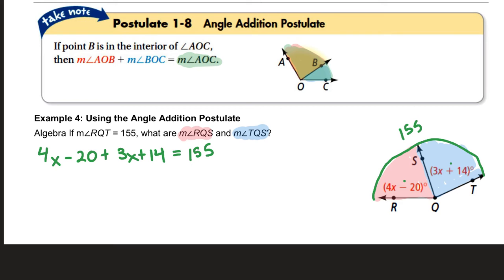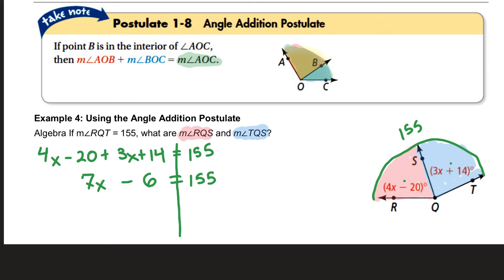Okay, so to solve this equation, I look at both sides. On the left-hand side, I can simplify by combining like terms. 4x plus 3x becomes 7x. Negative 20 plus 14 equals negative 6. And that is equal to still 155.